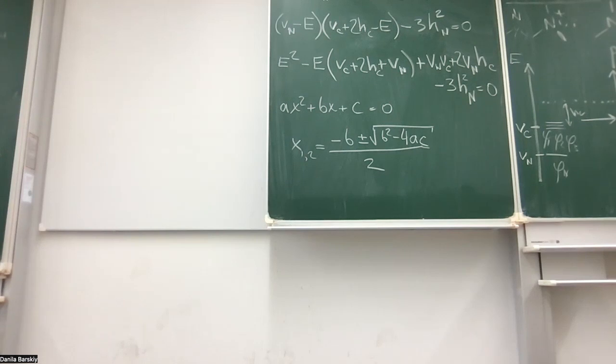Or we can, BC plus 2HT feels nice to put together. Minus 12, a minus gives plus 12 HN squared, right? And I think what's clear now.